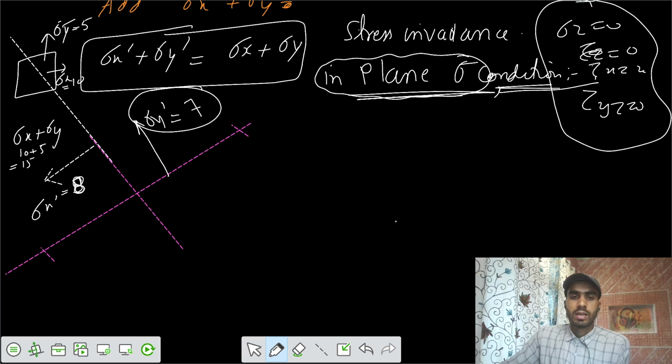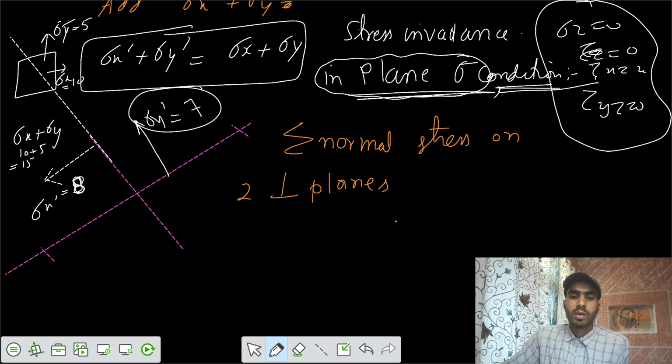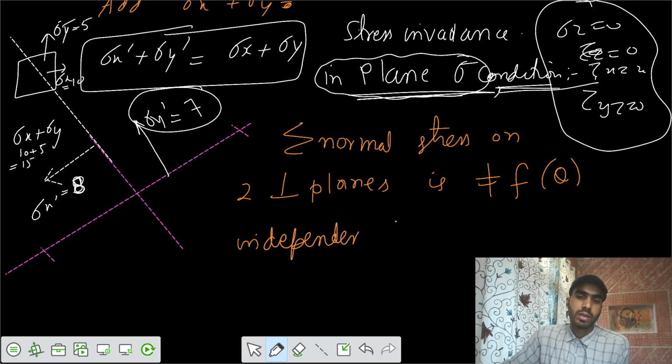It's a statement that the summation of normal stresses on two mutually perpendicular planes is not a function of theta. It is independent of the orientation of those two perpendicular planes.